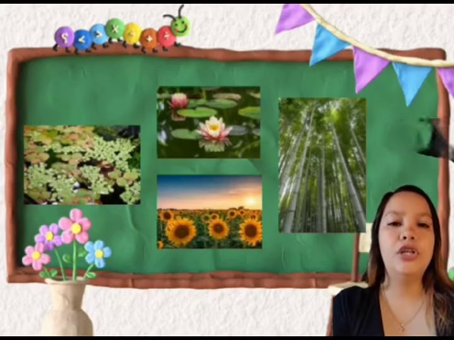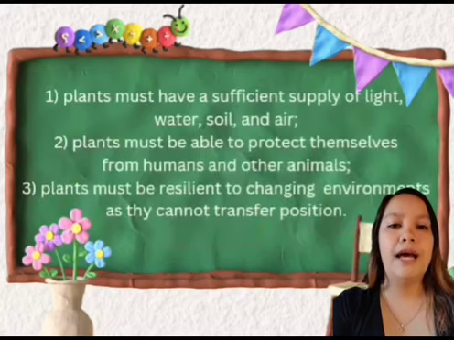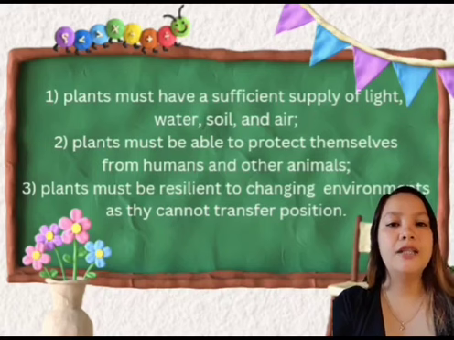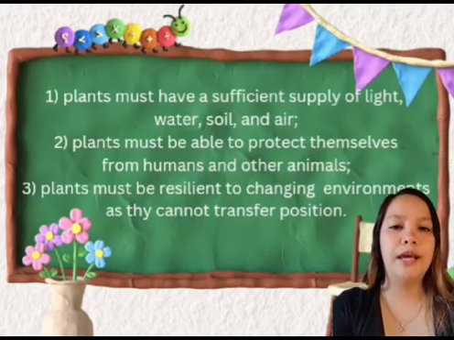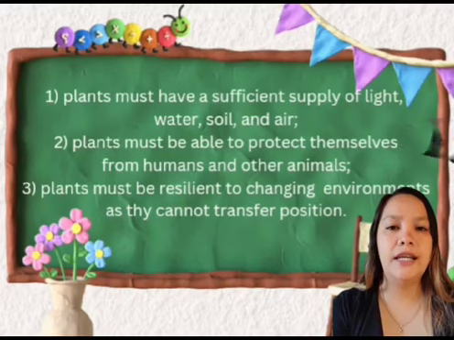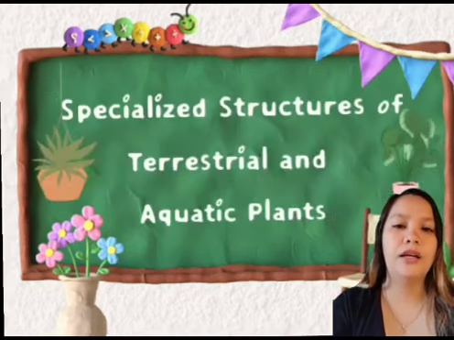There are certain conditions that plants need in order to live and survive. These conditions are: number 1, plants must have a sufficient supply of light, water, soil, and air. 2, plants must be able to protect themselves from humans and other animals. 3, plants must be resilient to a changing environment as they cannot easily transfer position.